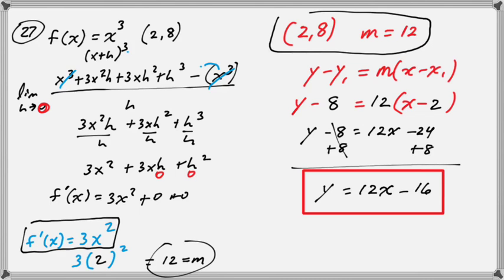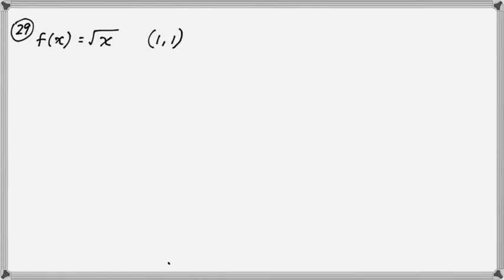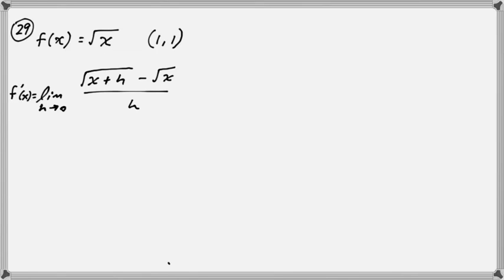Okay, after 27, that's another tangent line question. Looks like we have another tangent line. We did a fraction, so this one is a radical. If I replace x with x plus h, I would have this minus the original function all over h. Remember, you're doing the limit as h approaches 0, because this is the derivative, right?